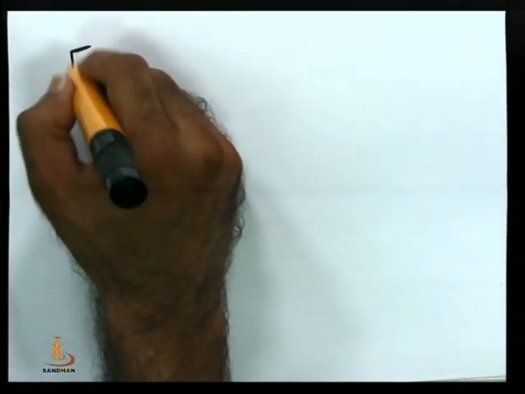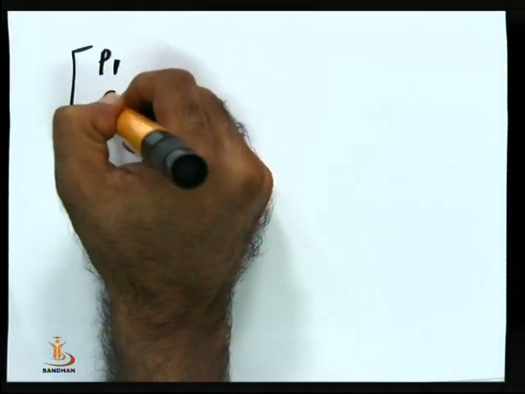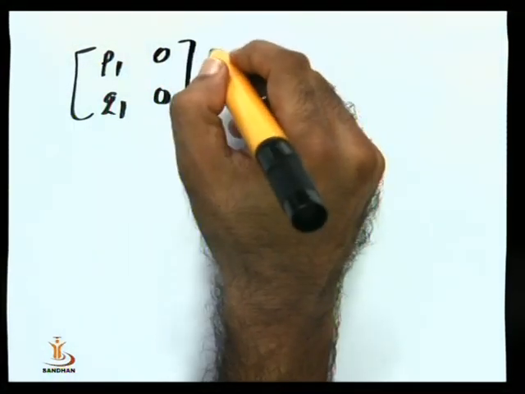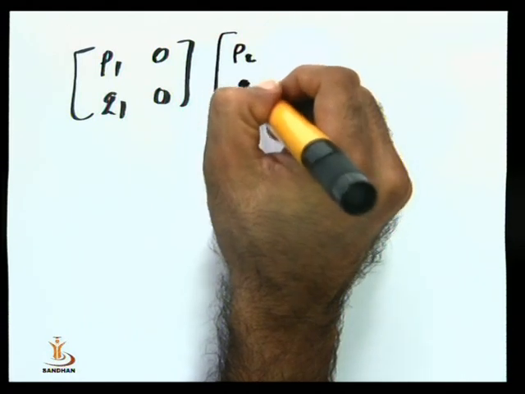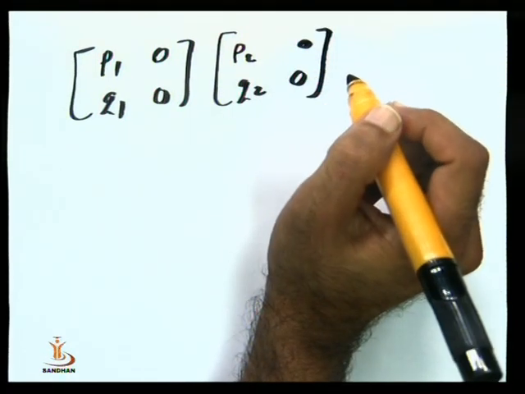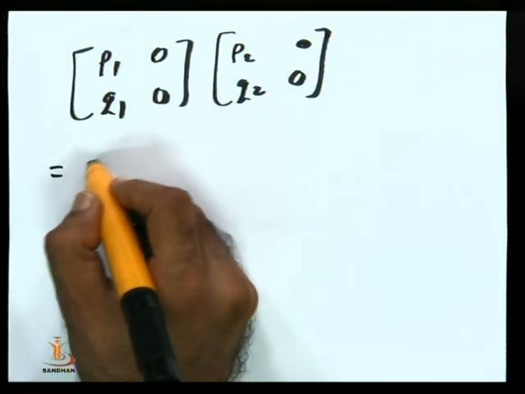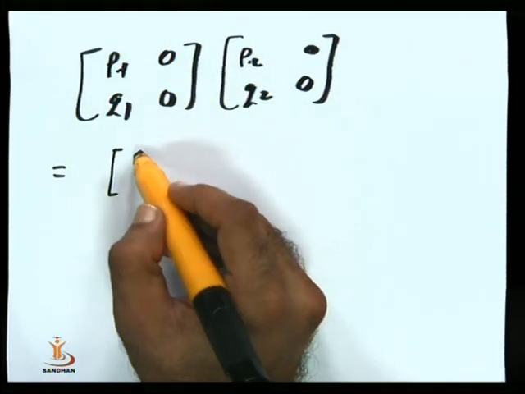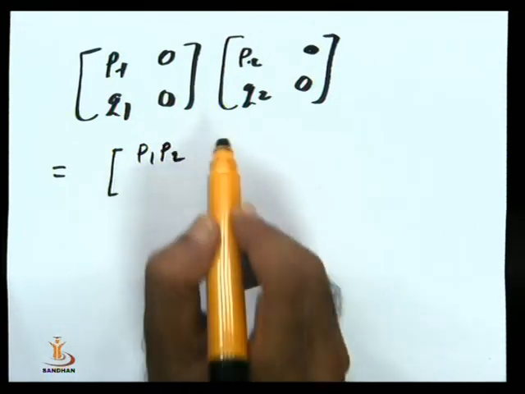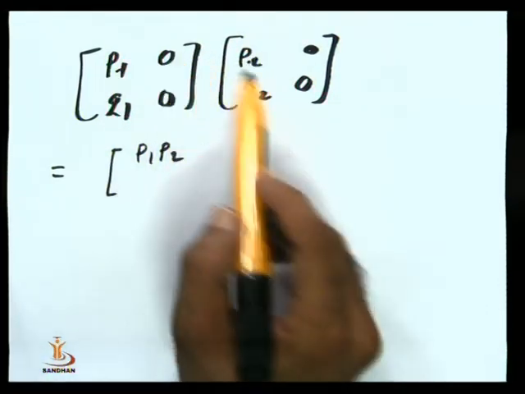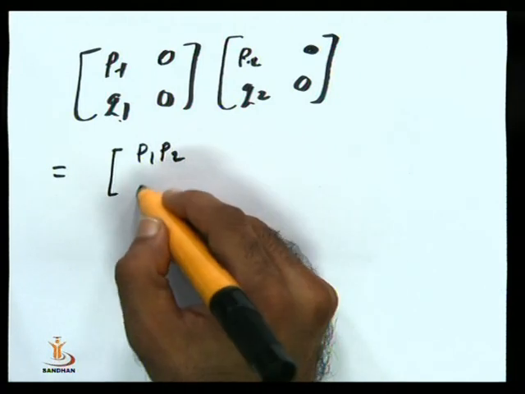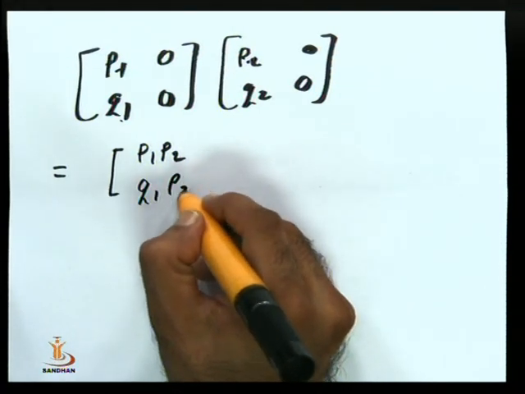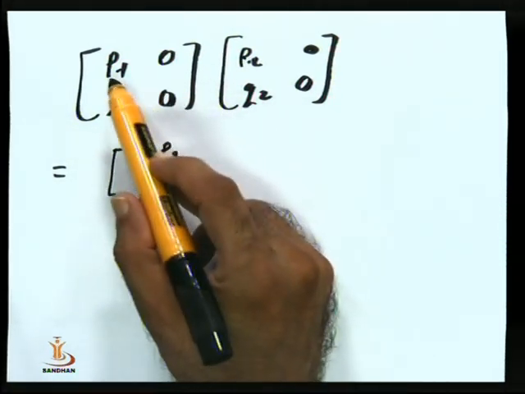Suppose we take two elements, say P1, Q1, 0, 0 and P2, Q2, 0, 0. Okay, and if we take the multiplication, it is P1 P2 plus 0, it is Q1 P2 plus 0, and it is 0, 0.